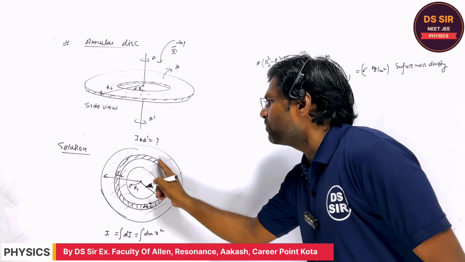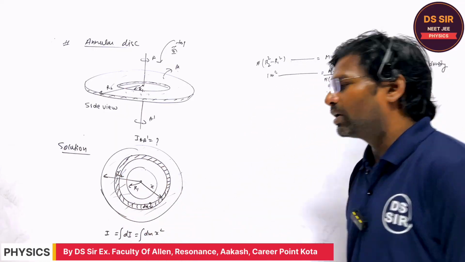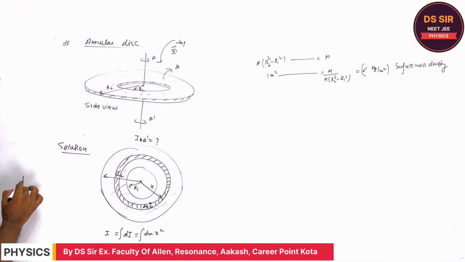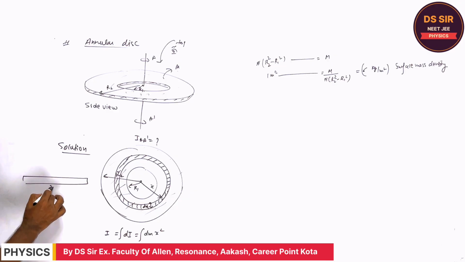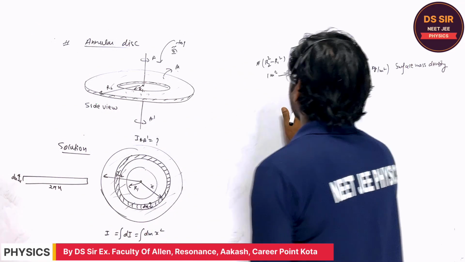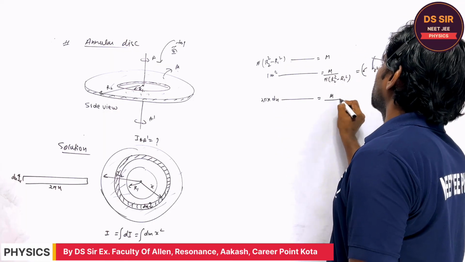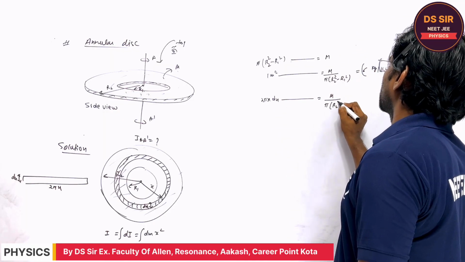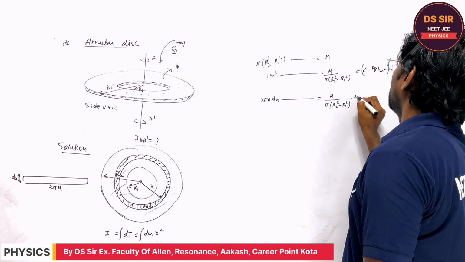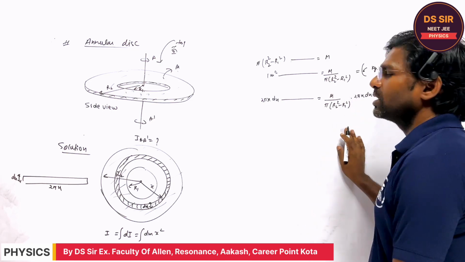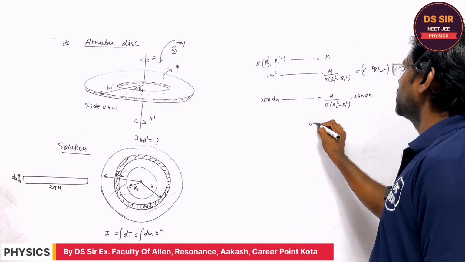What is the area of this small elemental ring? I think you can find it now. 2 pi x into dx. Very good. So for 2 pi x dx, what is the mass? It is m upon pi into r2 square minus r1 square, into 2 pi x dx, and this is the dm.